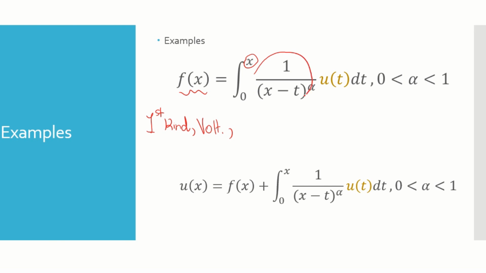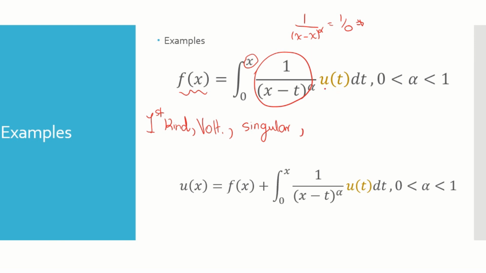This is our k of x and t. As we can see here, if we plug in x, we'll get 1 over x minus x raised to alpha, which is 1 over 0, which is a singularity. So it's singular at x.